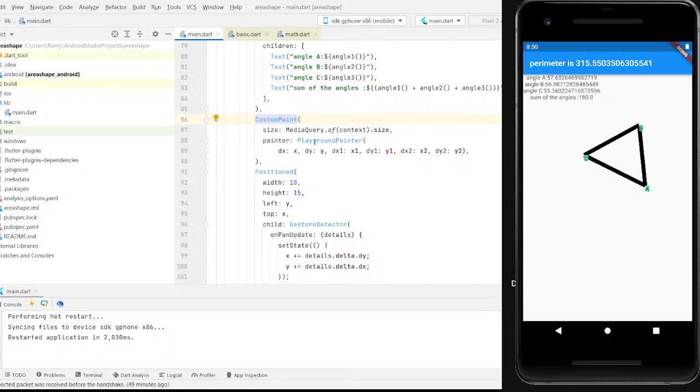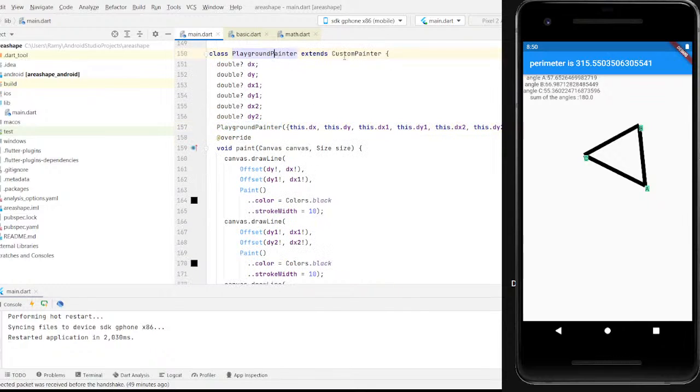So we have created a class that is called the playground painter, and this class extends custom painter, which is a type of paint attribute. Inside it, the drawing will take place.